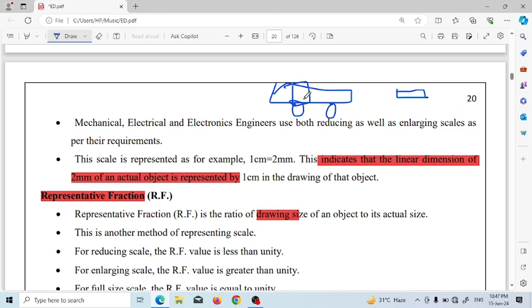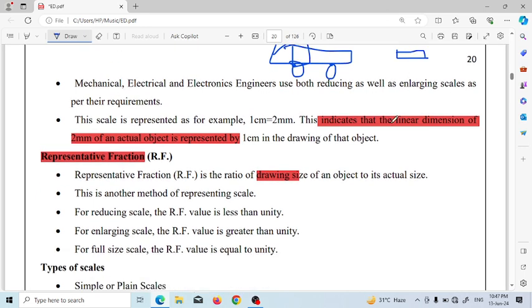So by reducing its size we put it on this sheet. For this purpose we need a reducing scale, whose RF value is less than unity.